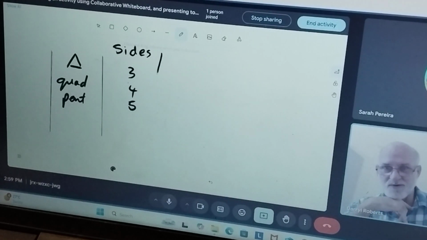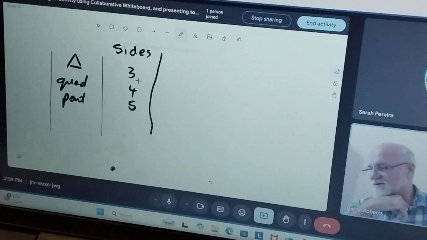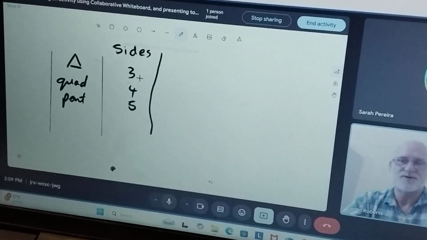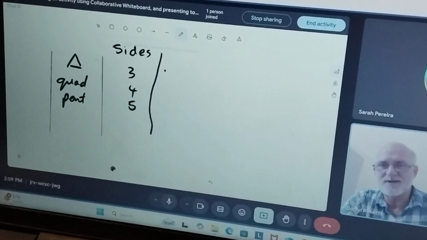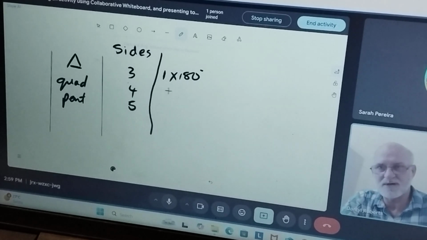And then the sum of the interior angles of triangles. I'm just going to say always take 2 less than the number of sides, because the number of triangles will always be 2 less than the number of sides. So that would be your 1 times 180, but they've given you the next one, which would be 2 times 180, 3 times 180, and so on.